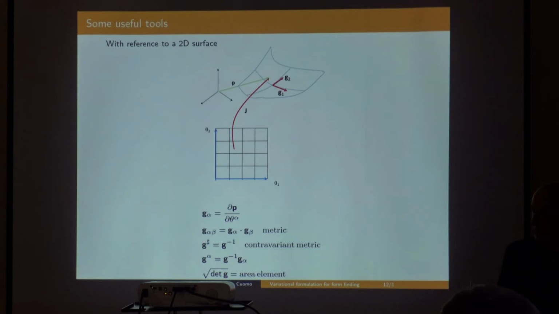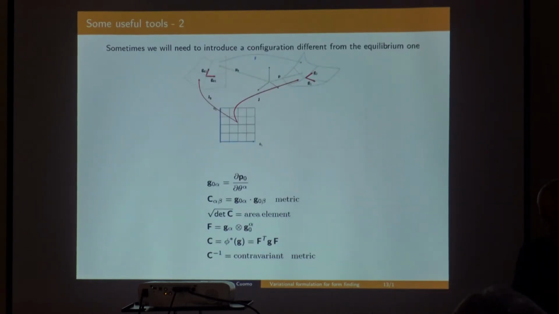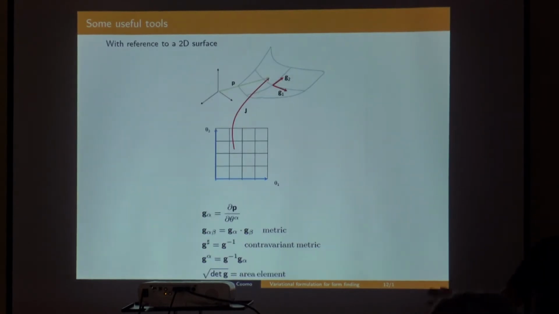The membrane is embedded in a space where we can define the local metric, the contravariant metric we will also need. The square root of the determinant of the metric is the area element. That is all we need for the process of finding a membrane.